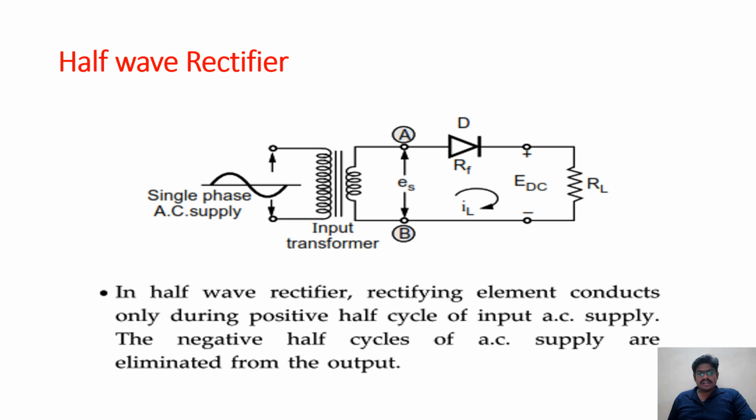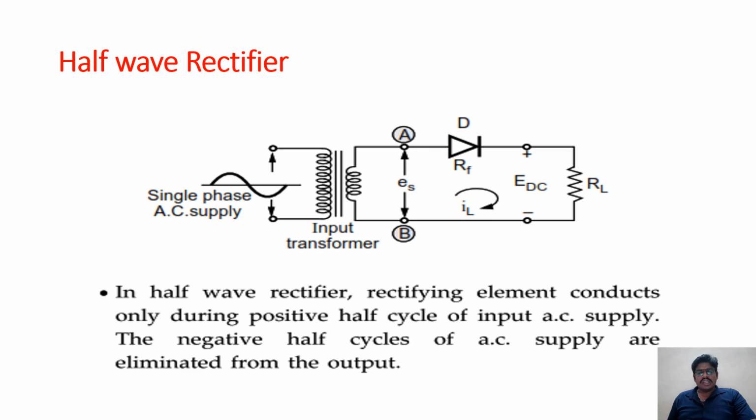Why is it called a half wave rectifier? Because the AC input applied has one cycle of AC, the positive half cycle as well as the negative half cycle. But the output of the rectifier circuit permits only the positive portion.